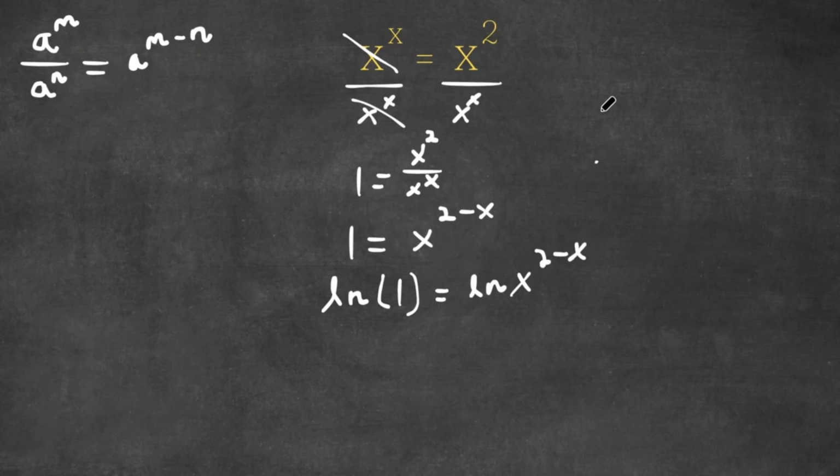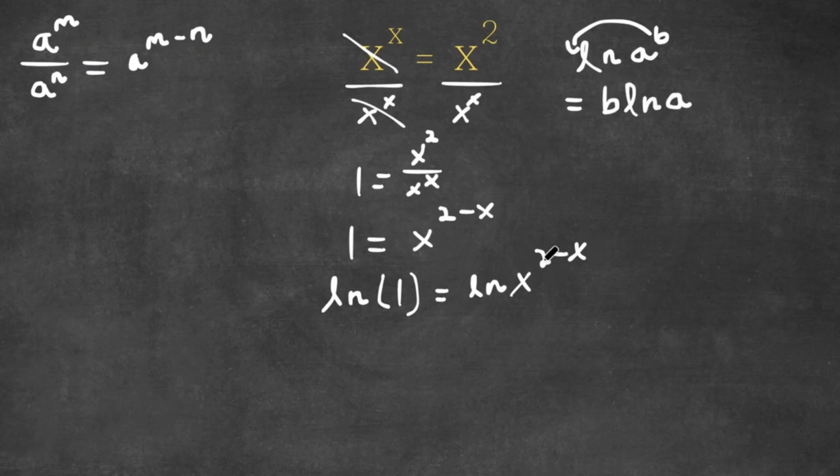Now, an important property of logarithms is that, let's say we have ln of a to the power of b, then we can actually move this exponent b to the front of the logarithm. So this would be equal to b times ln a. So that's exactly what I'm going to do with ln x to the power of 2 minus x. I'm going to move the exponent 2 minus x to the front of the logarithm.